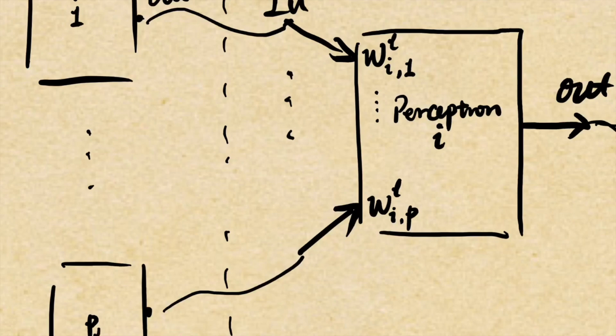So this is P_{L-1}, meaning the number of perceptrons of the L-1th group or layer. But here for clarity, let's remove this subscript for the time being. Okay.